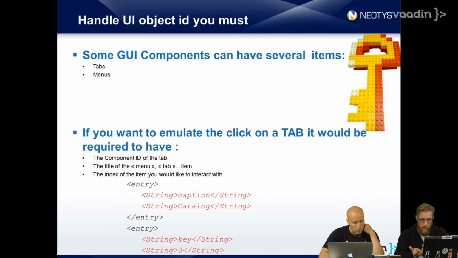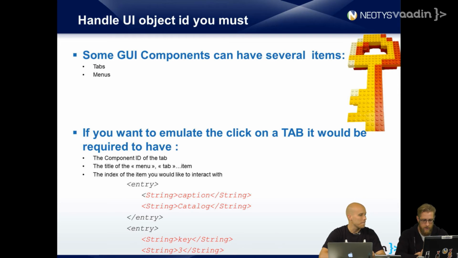So to extract that, you will need, of course, the component ID. So we will have the same logic that we have explained with the text field, the password, and so on. Once we have the ID, we also need the caption or the name of the menu, the name of the tab. That will be kind of our key in the test.